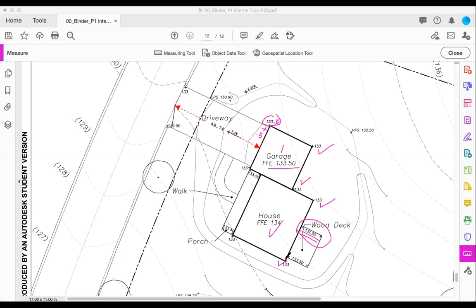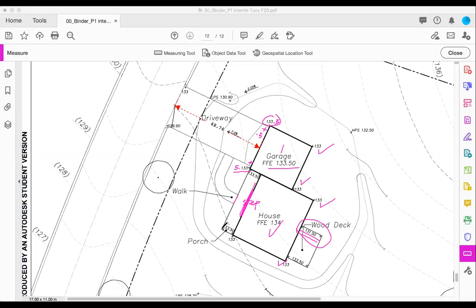Well, that one should be 0.5. They're running out of space to write, but this one should be 0.5 because it needs to be the same as the entrance. It seems like you had a step here instead of there. So your step is here, stepping into your house there. 0.5.